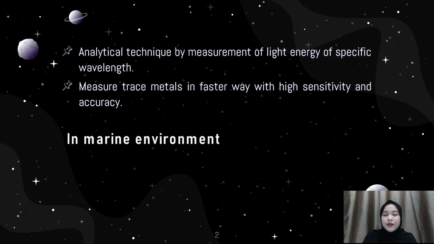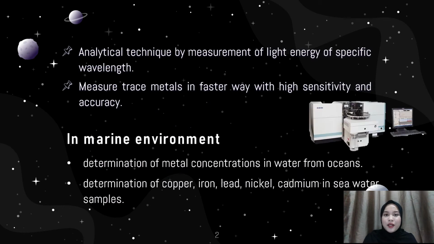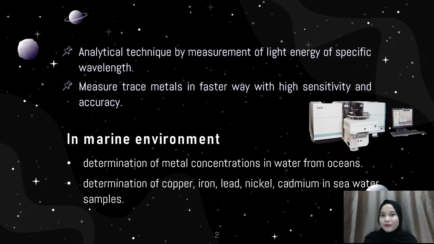AAS is an analytical technique to estimate various atoms by the measurement of light energy of specific wavelength. AAS can measure trace amounts of metals in a faster way with high accuracy and sensitivity. AAS was found to have a wide range of applications in various important areas, which include the marine environment. AAS is used for the determination of metal concentration in waters from oceans.